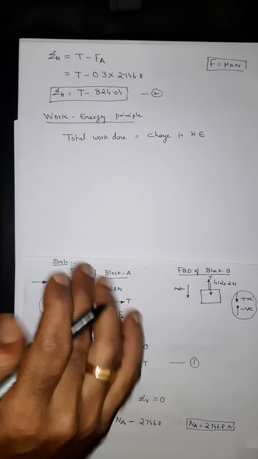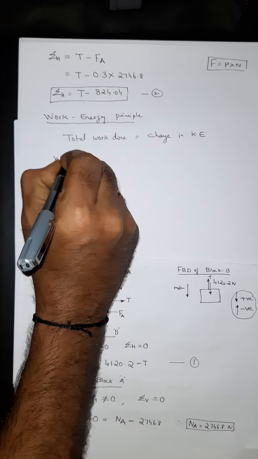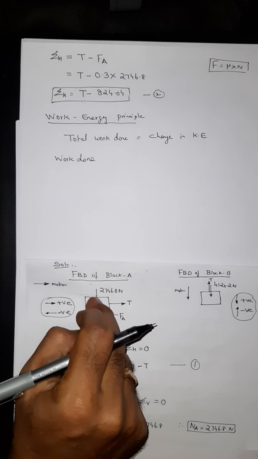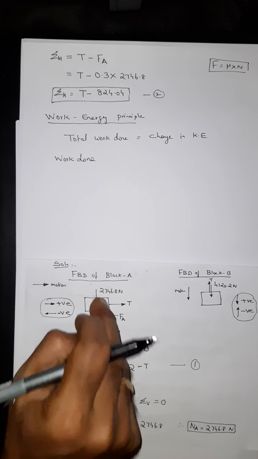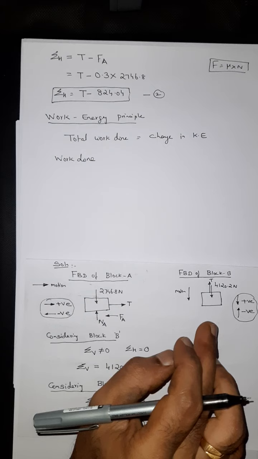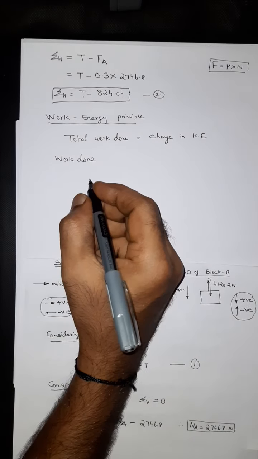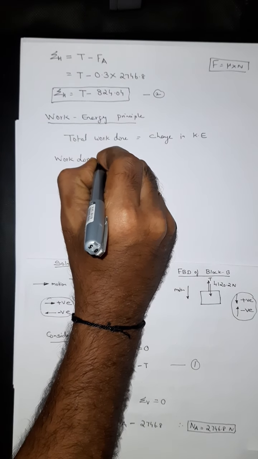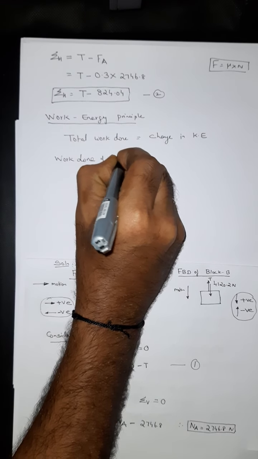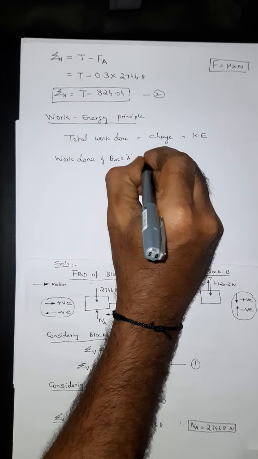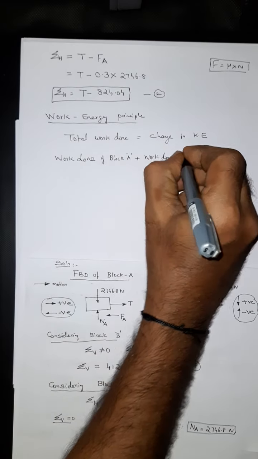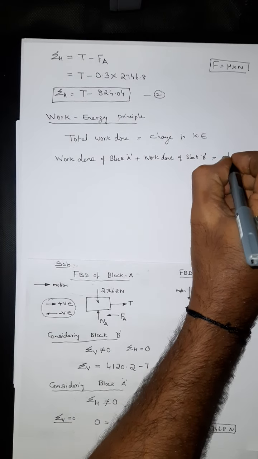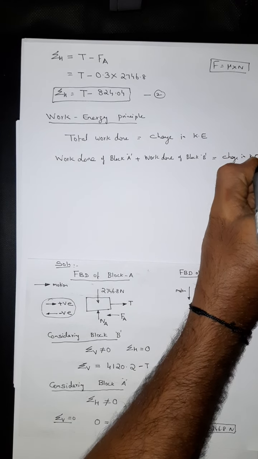Total work done is nothing but work done by the block A plus work done by the block B. That is the net work done. Work done of block A plus work done of block B equal to change in kinetic energy.